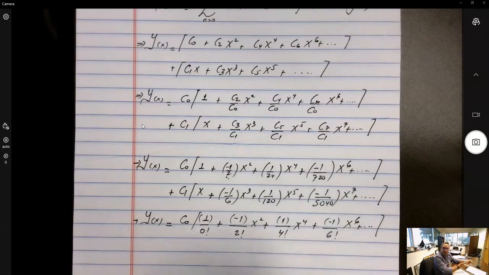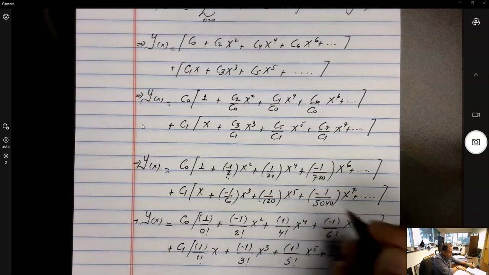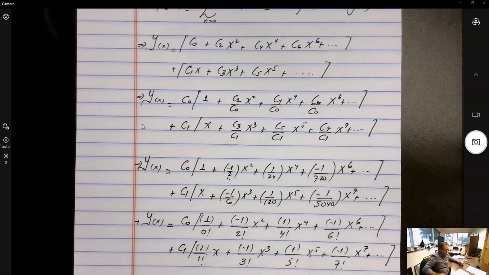It just happens to be this way for this particular equation. Plus C1, I can write this as 1 over 1 factorial times x plus minus 1 over 3 factorial times x to the 3 plus 1 over 5 factorial times x to the 5 plus minus 1 over 7 factorial, which is 5040, times x to the 7, and so on and so forth.